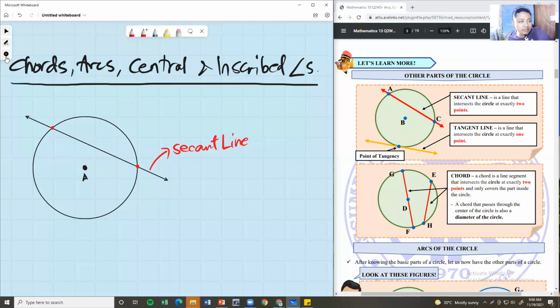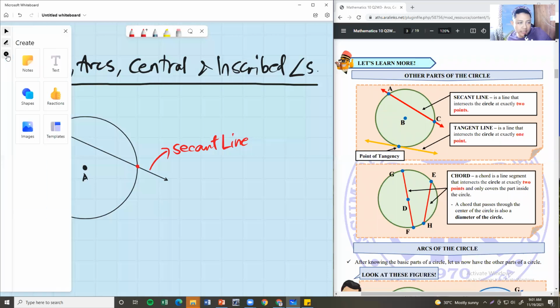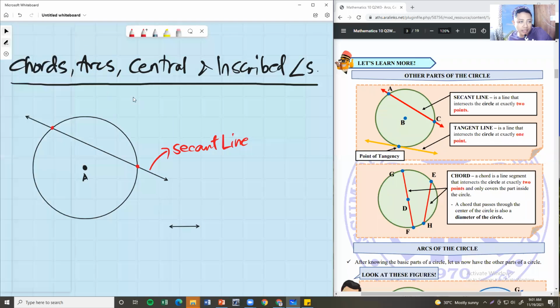Now, if a line intersects a circle at exactly 2 points, that's called secant. But what about if it only intersected a circle at exactly 1 point? Let's say, for example, this. If it intersected the circle at exactly 1 point, this line is now called the tangent line.